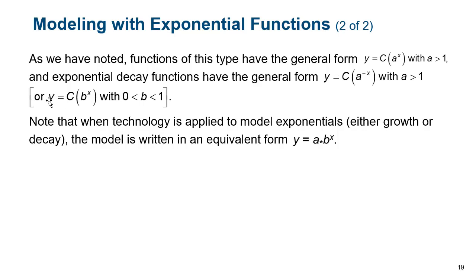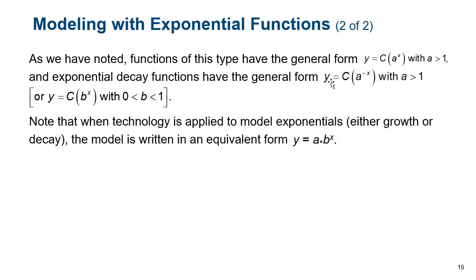Or sometimes we can call it y equals c b to the x, where b is between 0 and 1, which basically just gives us a fraction, right? So remember that a to the negative x is the same thing as 1 over a to the x. So if we just define b to be a fraction between 0 and 1, and have a positive exponent, it's the same thing. So let me give you some examples so you can wrap your head around it.